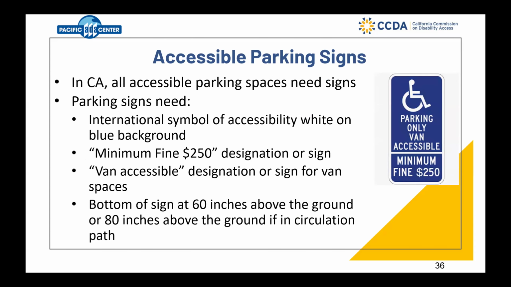It needs to have a van accessible designation on the spaces that are the van accessible spaces. And the bottom of the sign needs to be 60 inches above the ground, or 80 inches above the ground if it's in a circulation path where somebody who's blind might actually run into the bottom of the sign that's up on a pole.